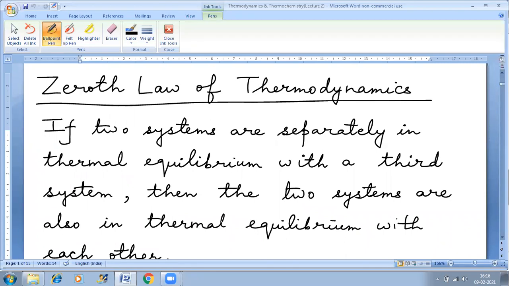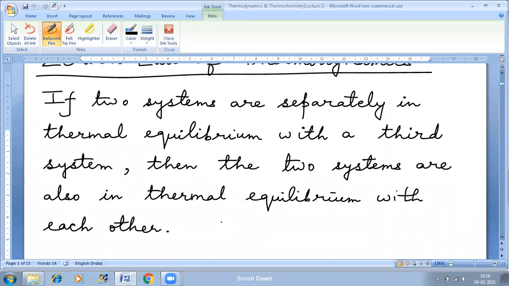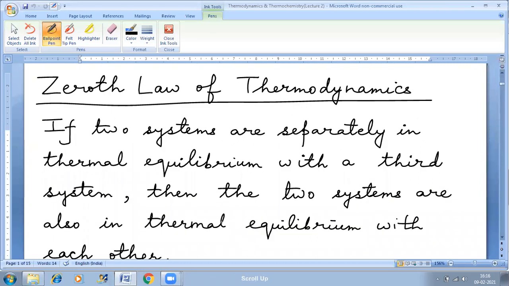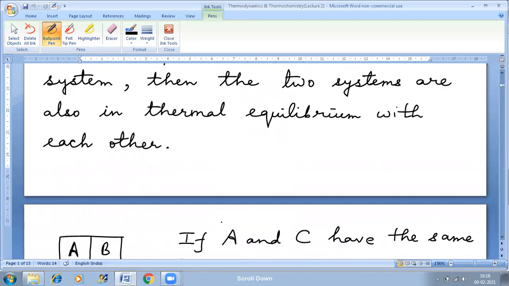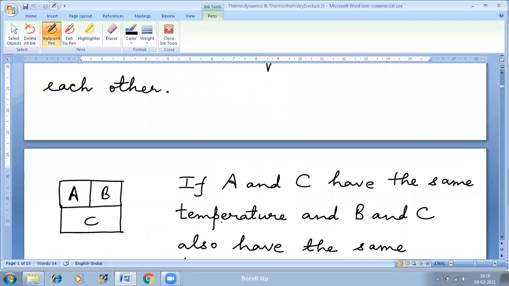Let's understand the example for this. Let's say I have this arrangement.